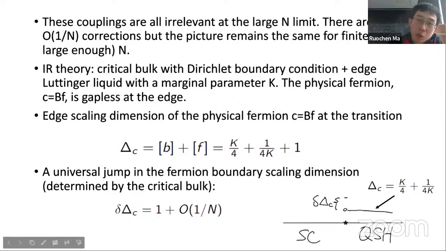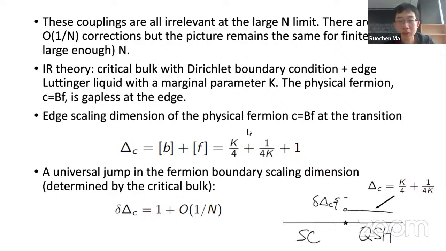And if you look at the quantum spin Hall side, the B boson is condensed, right? It has long range order with scaling dimension 0. Or you can just think about an edge Luttinger liquid. Now at the quantum spin Hall side, the bulk is fully gapped, and you only have a Luttinger liquid at the edge.